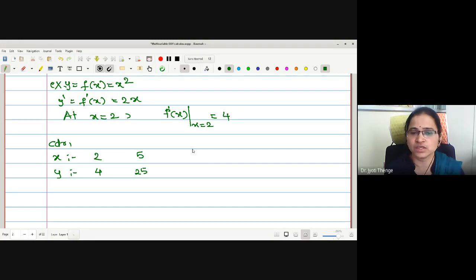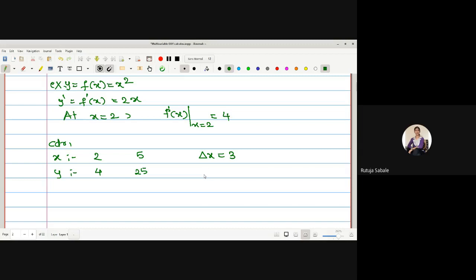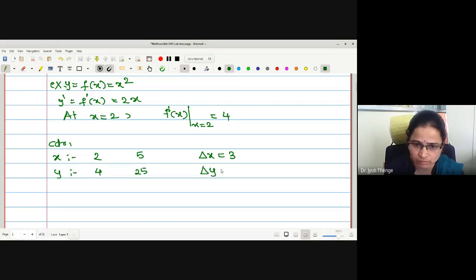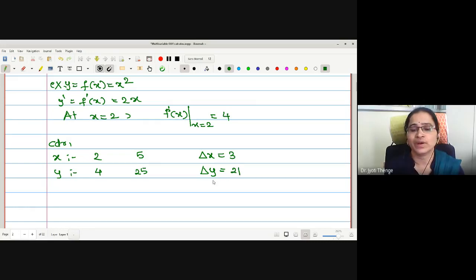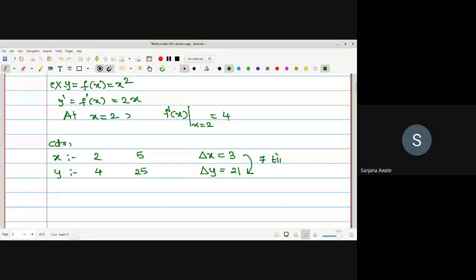What is the change in x, delta x? The difference between the two values: 3. What is delta y? 21. Now is the change in y 4 times the change in x? How many times is it? 7 times.